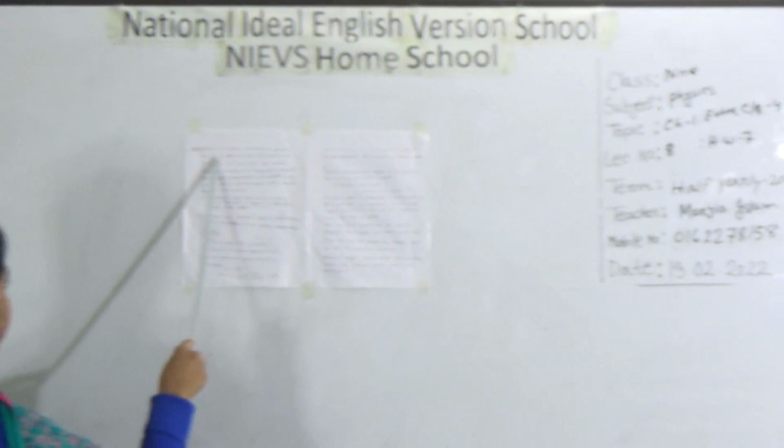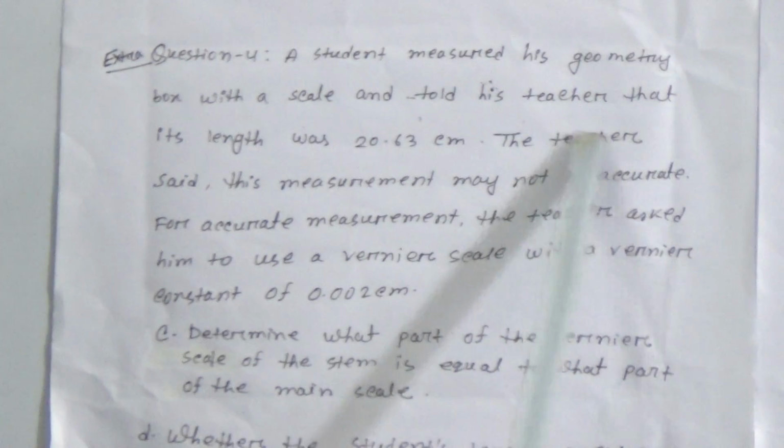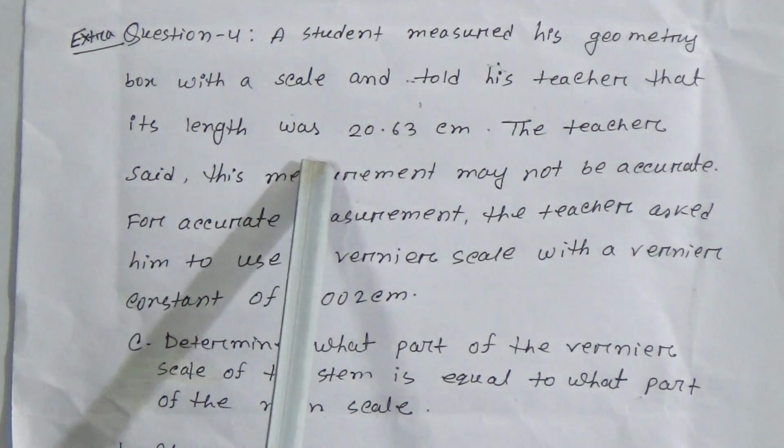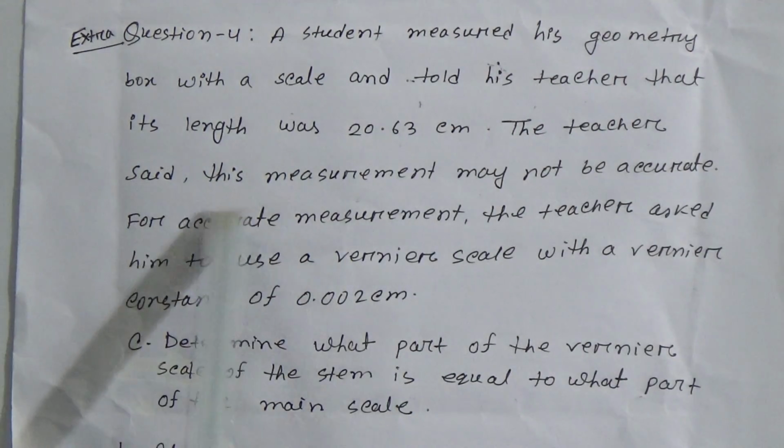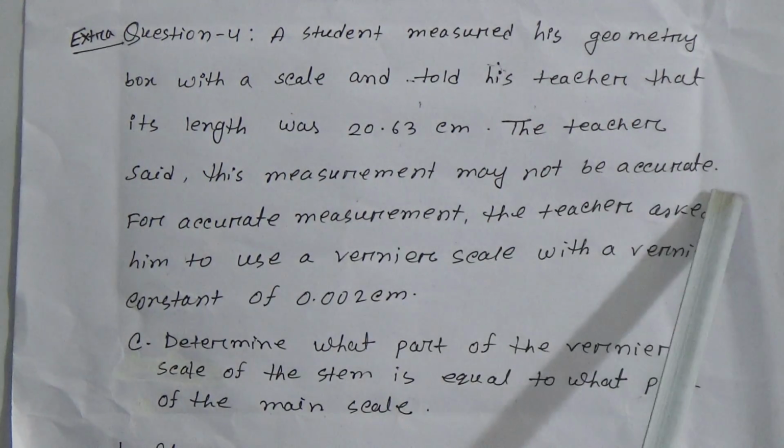Extra question 4. A student measured his geometry box with a scale and told his teacher that its length was 20.63 cm. The teacher said this measurement may not be accurate.